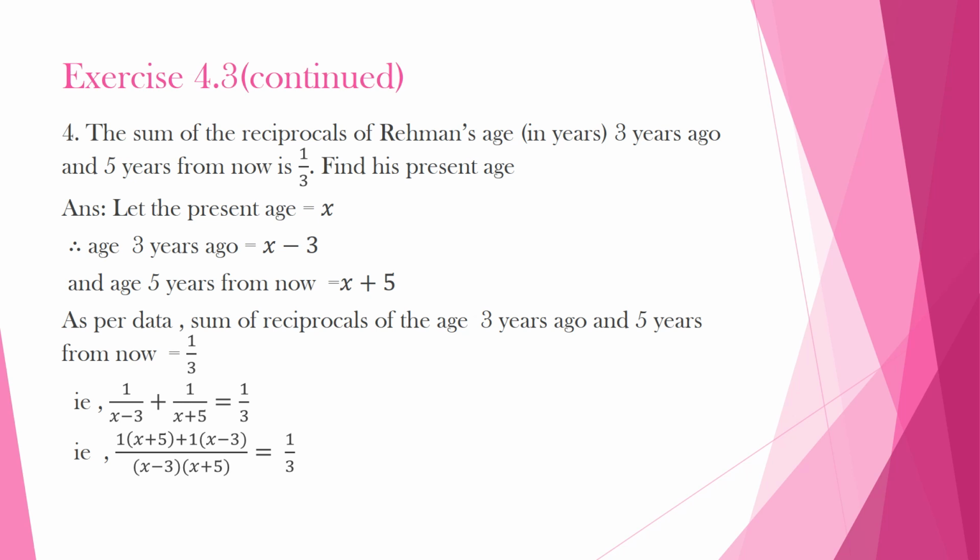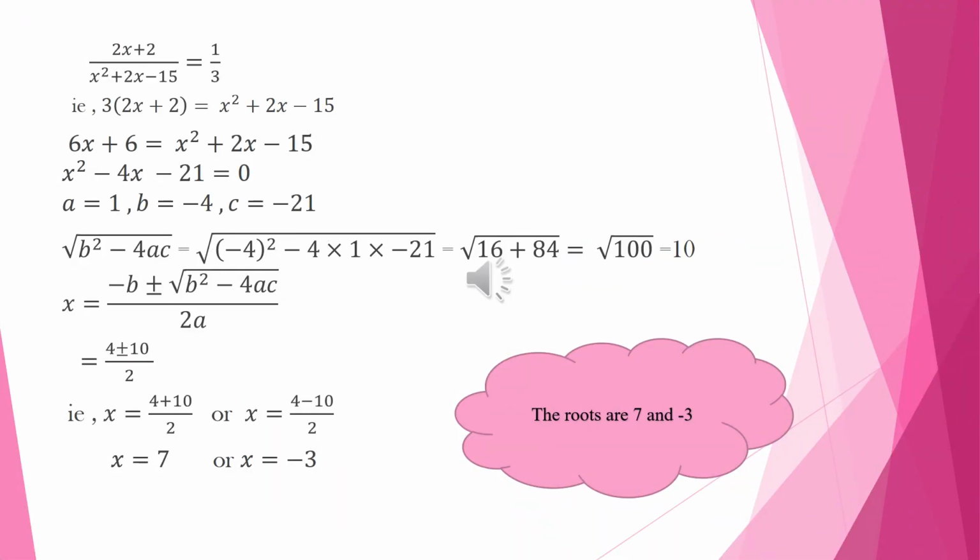Cross multiplication method, on the left hand side we have 1 into x plus 5 plus 1 into x minus 3 by x minus 3 into x plus 5 is equal to 1 by 3. By simplifying, we have left hand side is equal to 2x plus 2 by x square plus 2x minus 15 equal to 1 by 3.